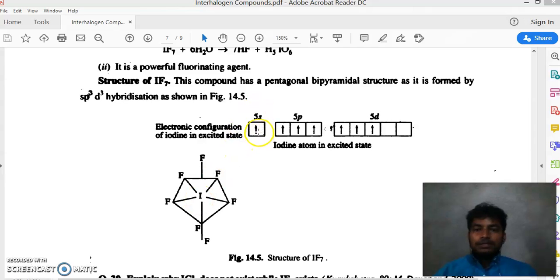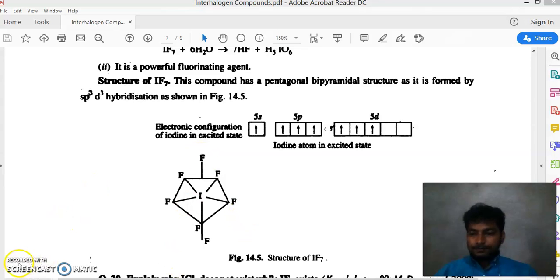Each of the 7 fluorine atoms donates an electron to form a sigma bond, and the structure is pentagonal bipyramidal. You can see this is the pentagon, and each axial position is occupied by a fluorine atom.